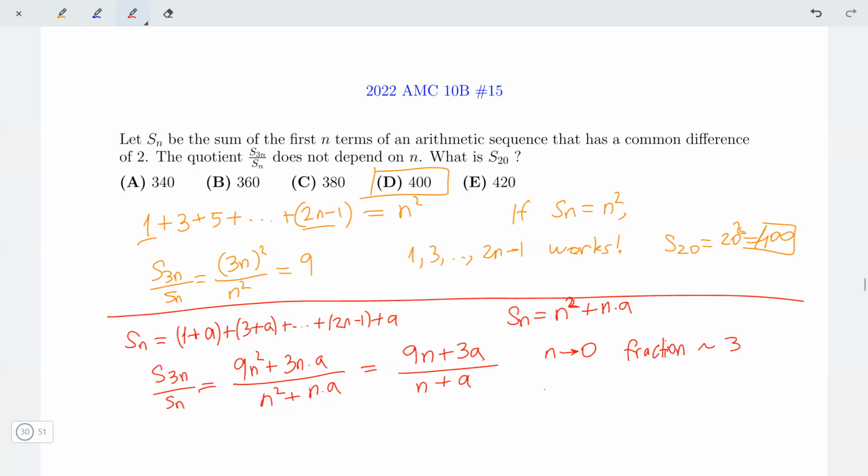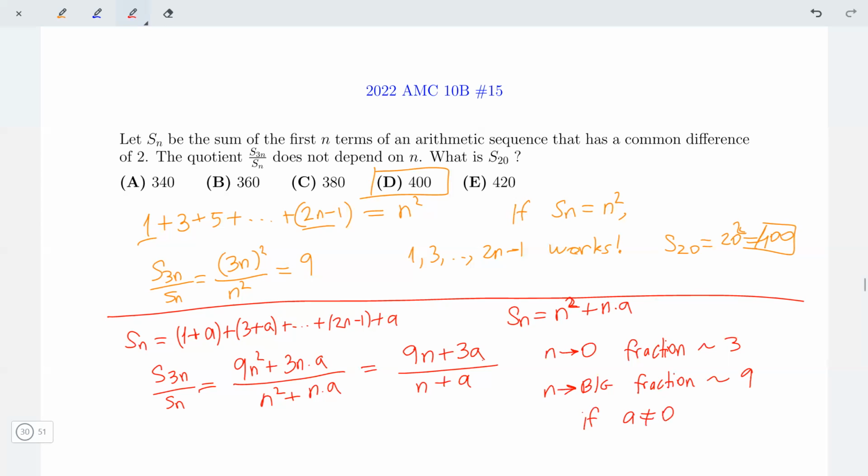On the other hand, if n gets very big, then the fraction would get closer to 9n over n, because the 3a over a terms will be negligible. So it will be approximately 9. So it will change with n if a is not 0.